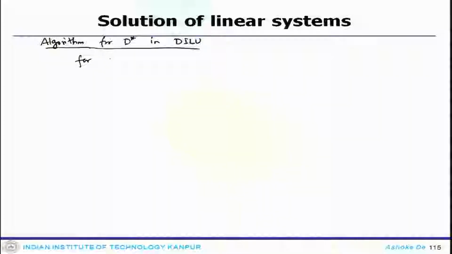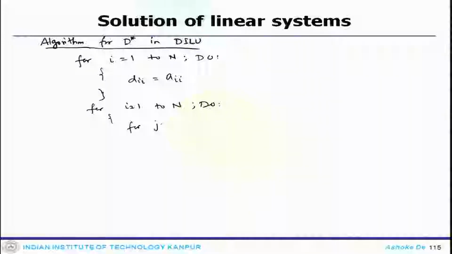So, what you do, you start going from 1 to n and you do the following, where you get Dii equals to Aii and you close that. Then you move to another loop where you move from 1 to n and then you do the following. For j goes from i plus 1 to n, and if Aij not equals to 0 and Aji not equals to 0, then only you do the following.